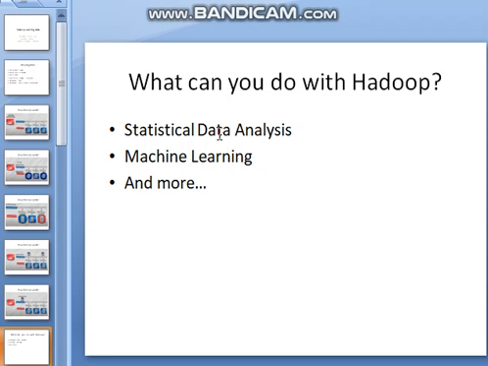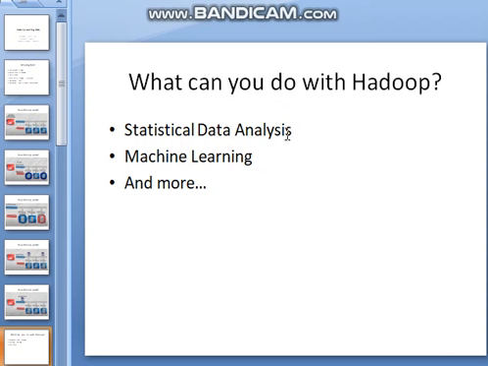What can we do with all this data? We can do statistical data analysis, like finding the average, mean, median, mode, and many other things, which can be used for several purposes, like machine learning.